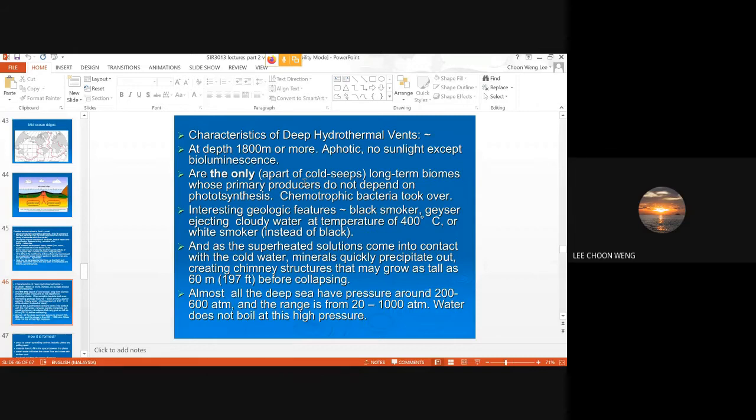So when there are no primary producers capturing the energy and producing carbon biomass for the other trophic levels, you have to have some other organisms to take over the role of primary production, and this role in the deep hydrothermal vents is taken over by the chemotrophic bacteria.